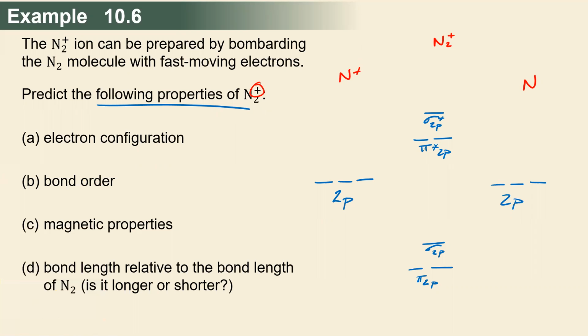We've already said nitrogen should have 3 in the 2p, so this one should just have 2 in the 2p. This one will have 3. Right? And so I'm going to give you just a minute to work on that and figure out the answers to those 4 problems.